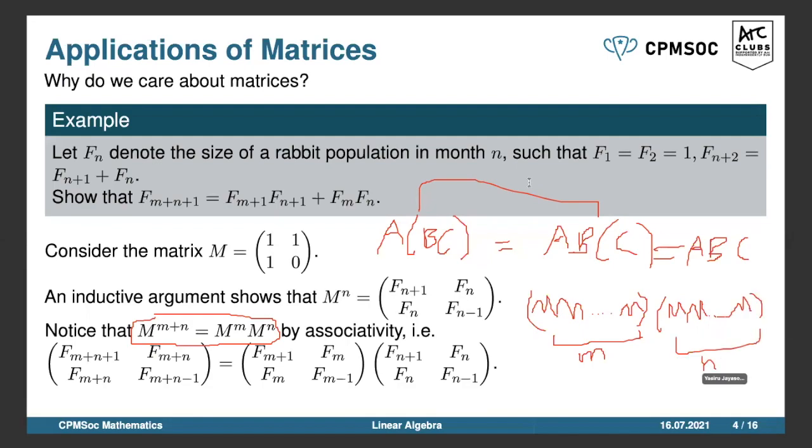Now, using the previous identity, you can sub in this M to the power of m is equal to this, and M to the power of n is equal to this. Also remember that M to the power of m plus n is the same as the left-hand side, using the previous identity.